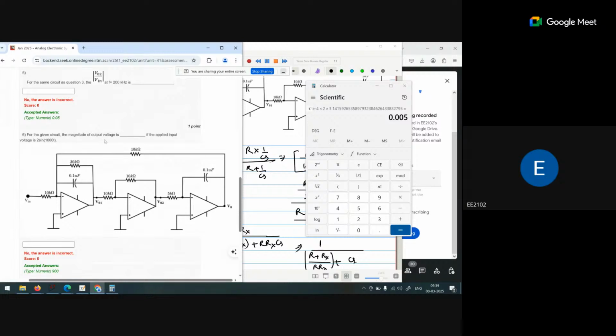V out is either a sine or cos term. If you calculate the magnitude, the maximum magnitude for sine and cos term is 1. So the amplitude of that particular sine and cos term will be the magnitude of output voltage. And omega is equal to 1000.